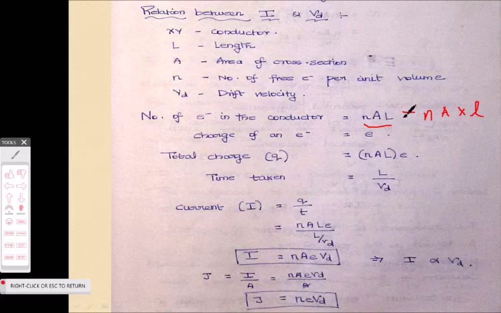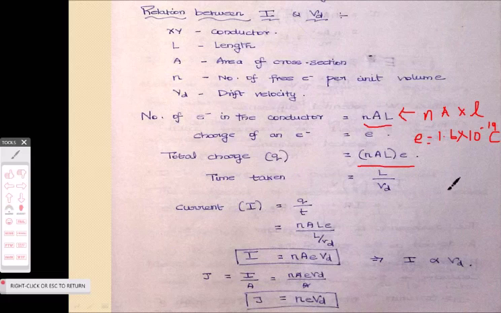So this is the total number of electrons in the conductor. The charge of the electron is e, which is equal to 1.6 into 10 power minus 19 coulomb. So total charge Q is equal to nAL into e.